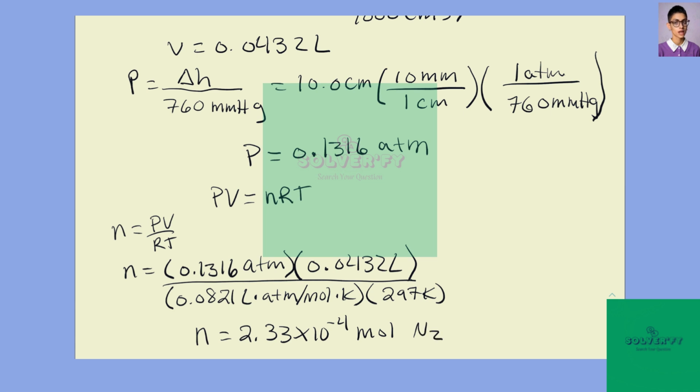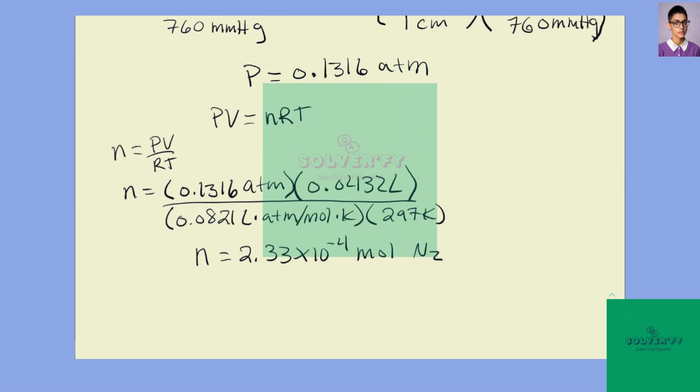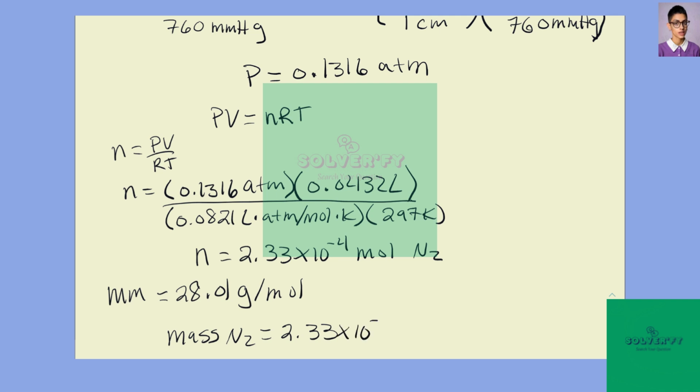nitrogen. And then we know that the molar mass, or MM, of nitrogen is equal to 28.01 grams per mole. So our mass of nitrogen is equal to our moles of nitrogen, so 2.33 times 10 to the negative fourth mole, times our molar mass, which is 28.01 grams per mole.